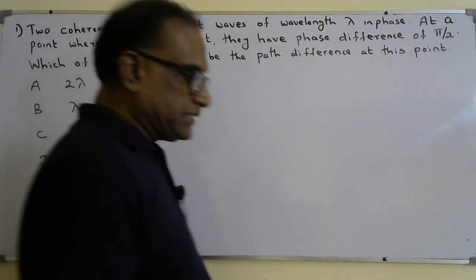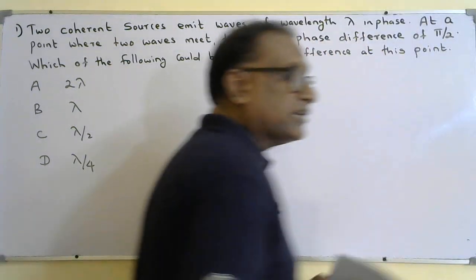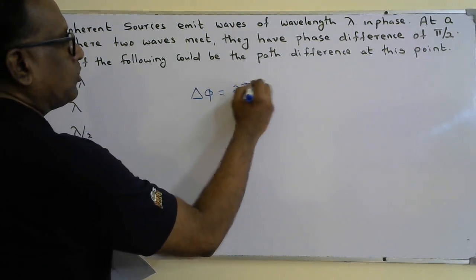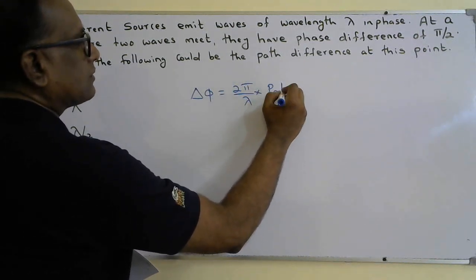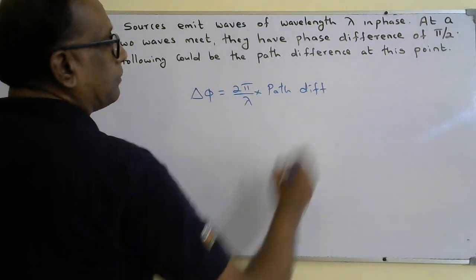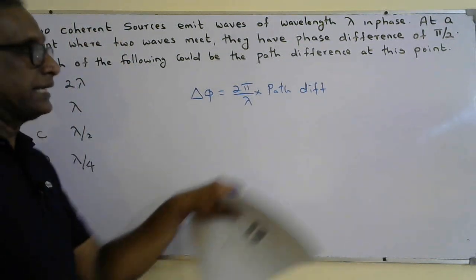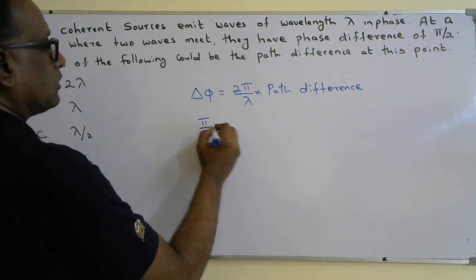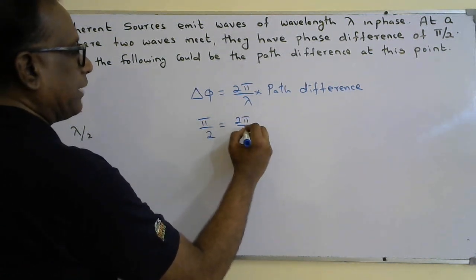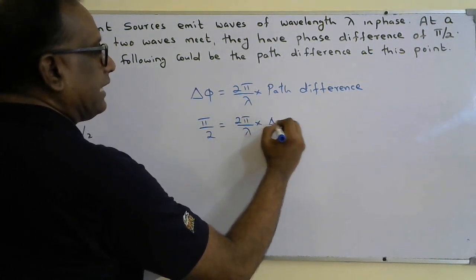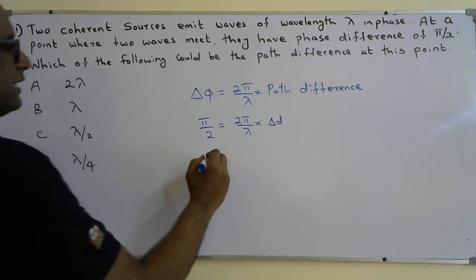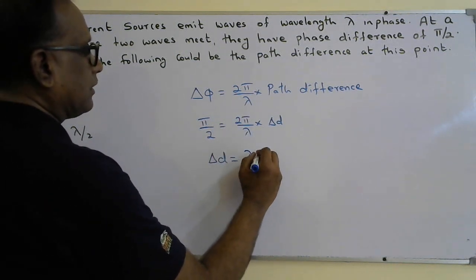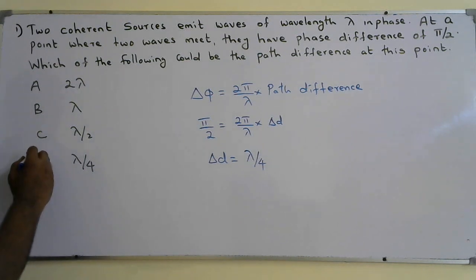We know the equation that relates phase difference and path difference: phase difference delta phi is equal to 2 pi over lambda times path difference. I told you today, this won't be given in the data sheet, so better remember it. So phase difference pi by 2 equals 2 pi over lambda times the path difference, delta D. Find delta D: that will be lambda by 4. Correct answer D.